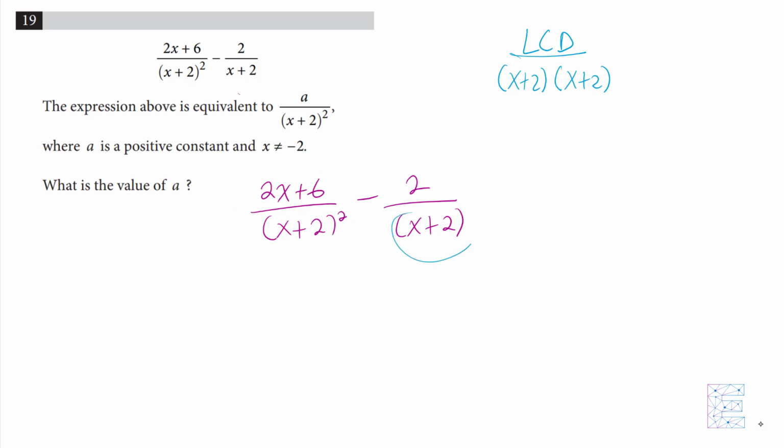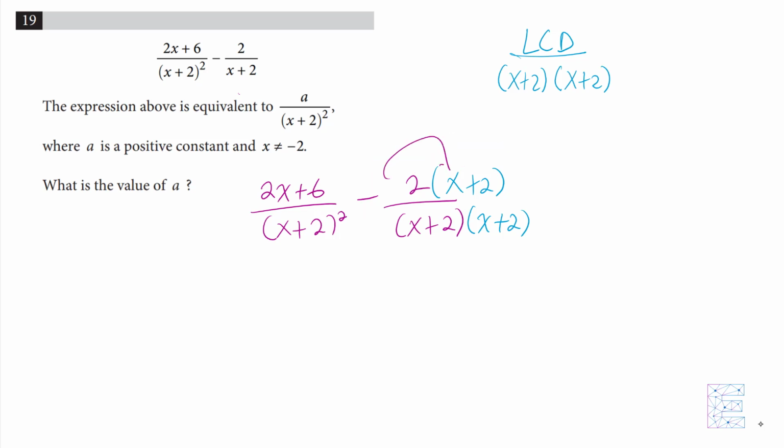So then you look at the other denominator, compare it to this. Is it missing anything? Yes, it is. There are two x plus 2's, we only have one, so we have to multiply this by what it's missing, which is another x plus 2. So when you do some arithmetic here, we want to distribute this negative 2 into both of these up here.